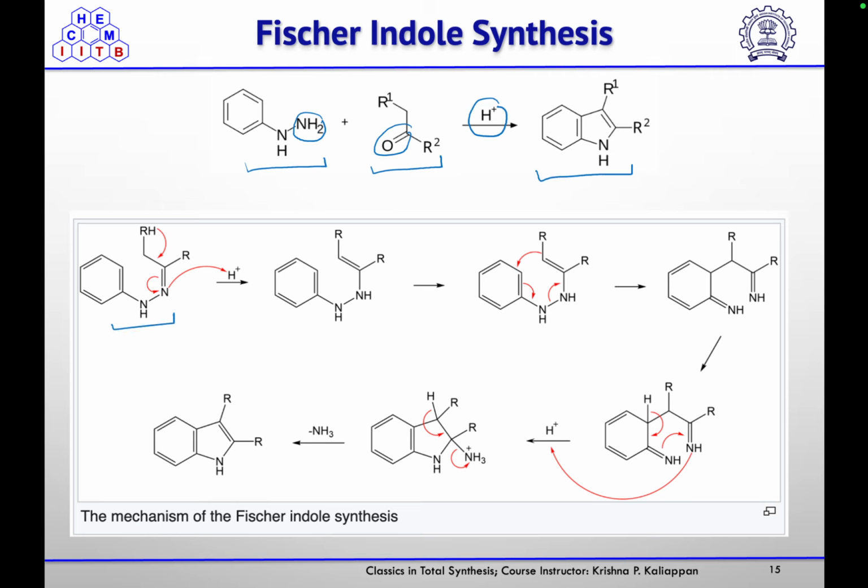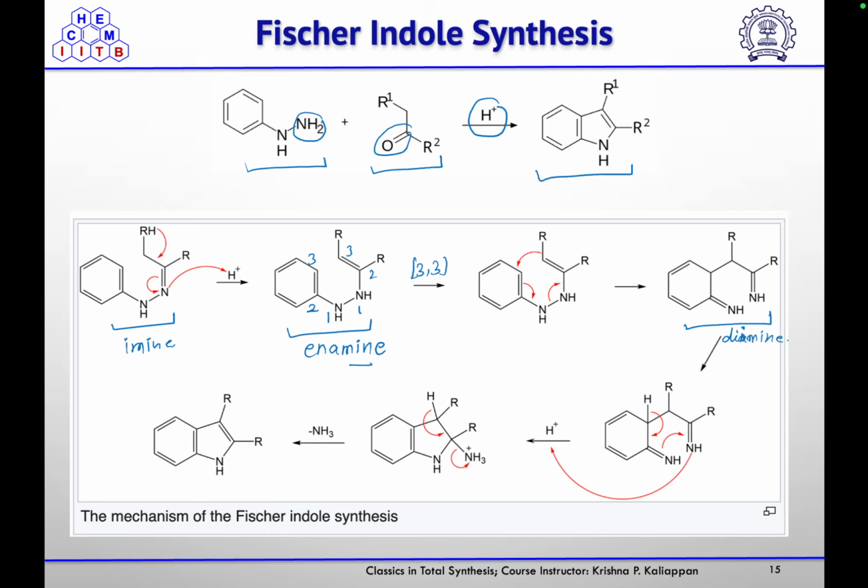Then, after protonation, it rearranges to the corresponding enamine, and then this enamine undergoes a 3,3-sigmatropic rearrangement. So if you see here, this is 1, 2, 3 and this is 1, 2, 3. So it will undergo a 3,3-sigmatropic rearrangement to give you this diimine system.